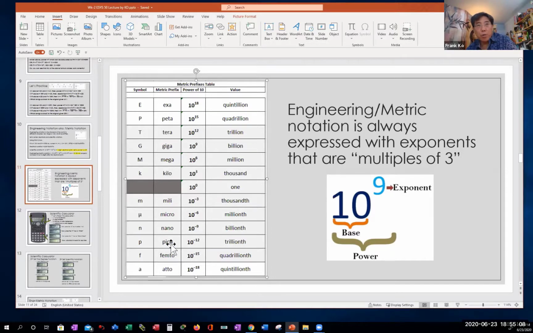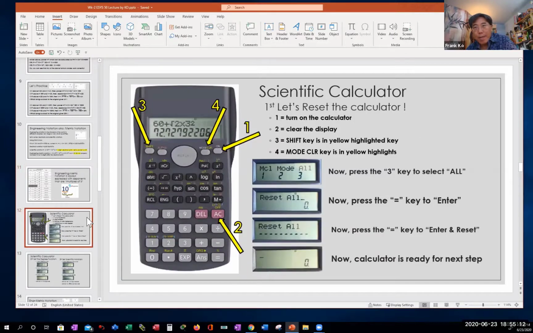What does this mean on your calculator? Let's see how this applies. So now we're going to reset your calculator. If you are using something other than what I specified in the syllabus, for details of how to use your calculator, you will have to refer to your owner's manual.